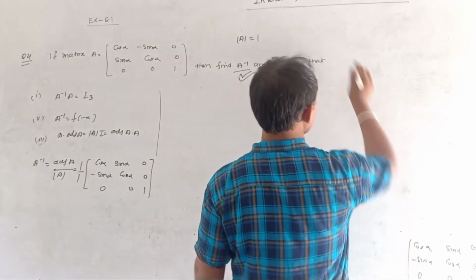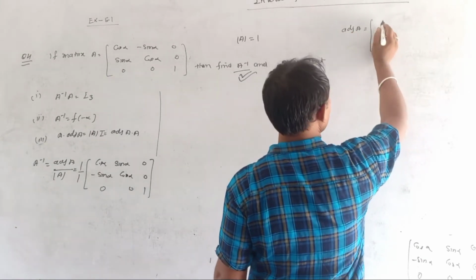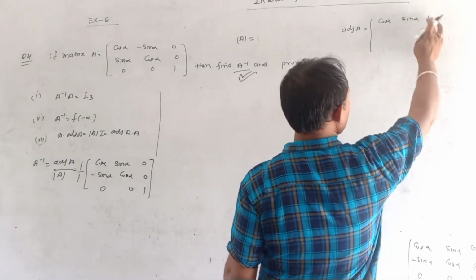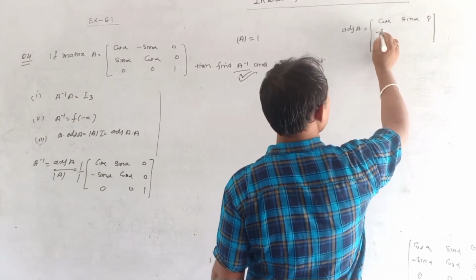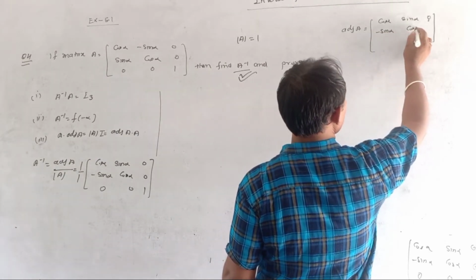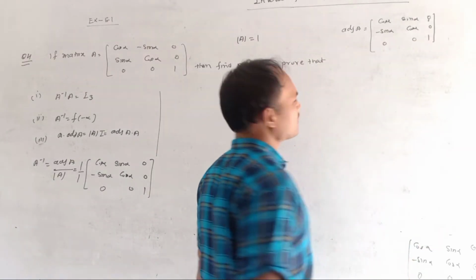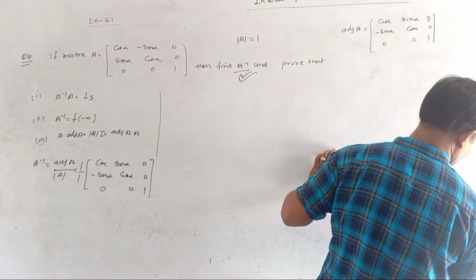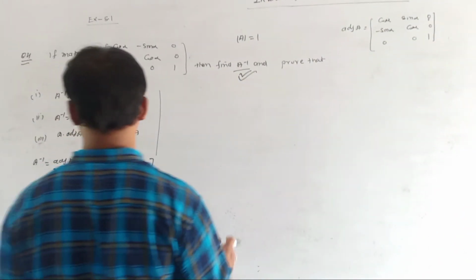So the value of the adjoint of A is cos alpha, sin alpha, 0; minus sin alpha, cos alpha, 0; 0, 0, 1. So students, this is the adjoint of A. Now we are going to solve this question part by part, step by step.